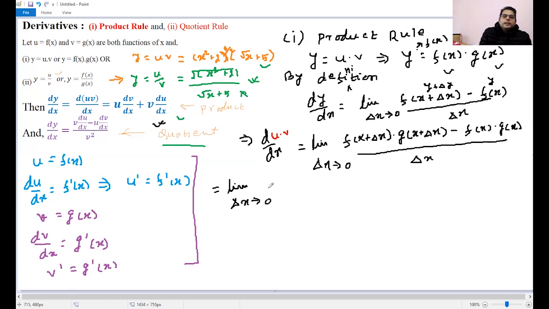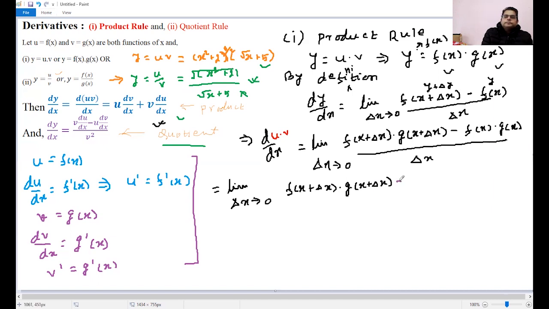So let me check this out. Upside, what I'm going to do is f(x plus delta x) times g(x plus delta x), which is already there.